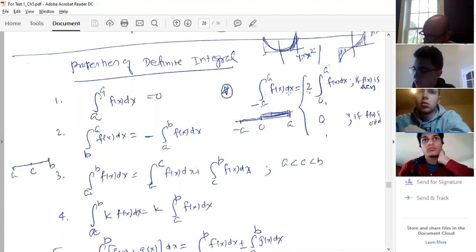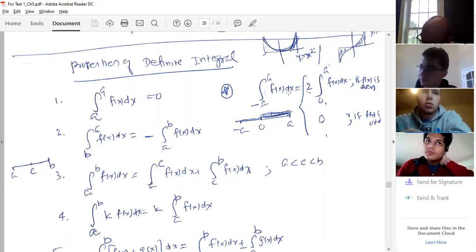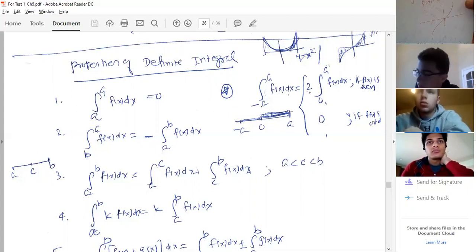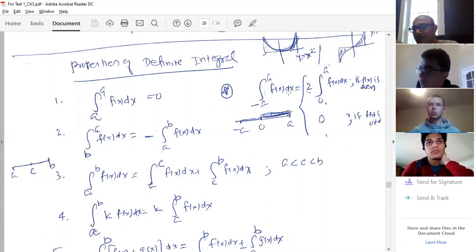Okay. And geometrically, the x cubed figure is like this. That means your figure is symmetric in the opposite quadrant. That is called an odd function.